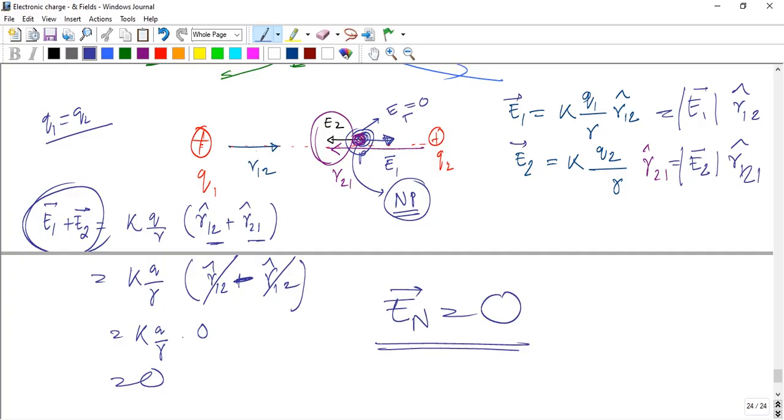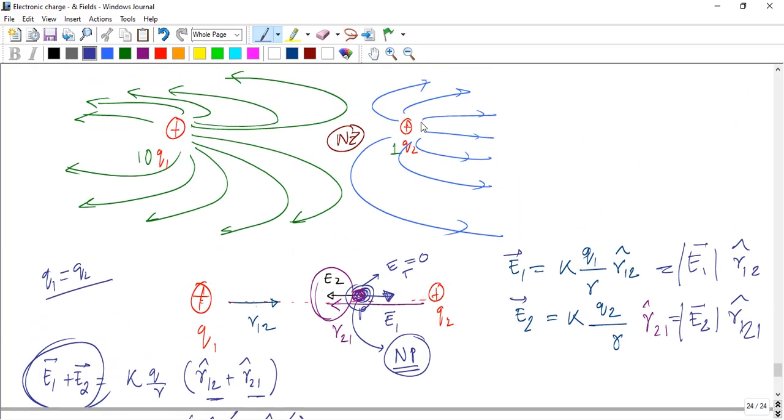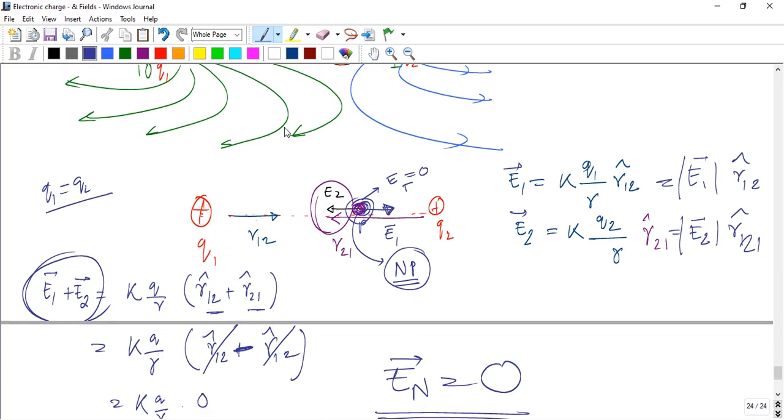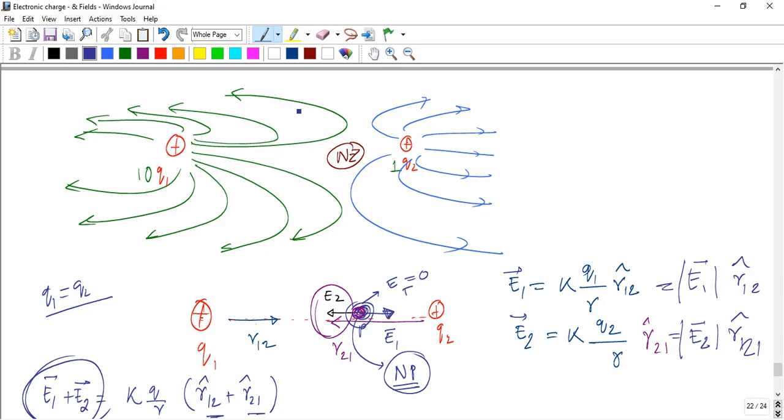Now let us look at the electric field line. The field line has some properties. Property number 1: it is a continuous curve.